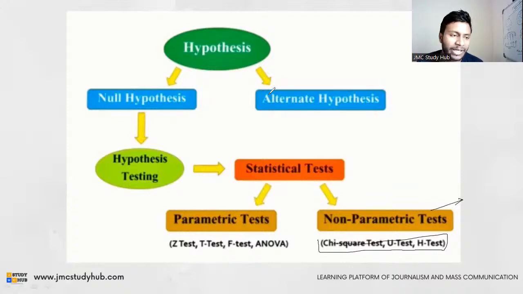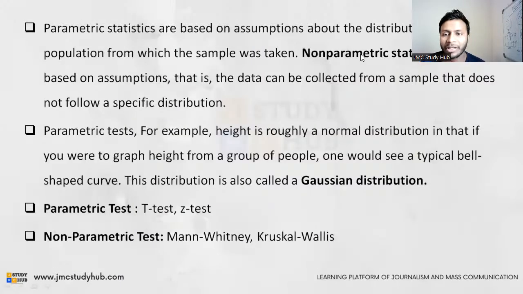Next, we'll understand what basically parametric and non-parametric are. So what is parametric? We have understood that when we are going to test the hypothesis, that is the null hypothesis, there we think about parametric and non-parametric, when you go for applying the statistical test.